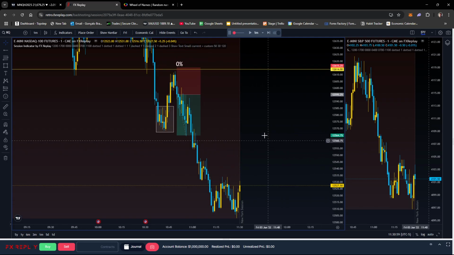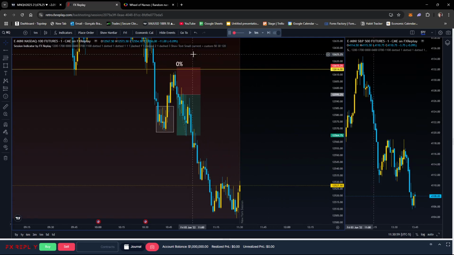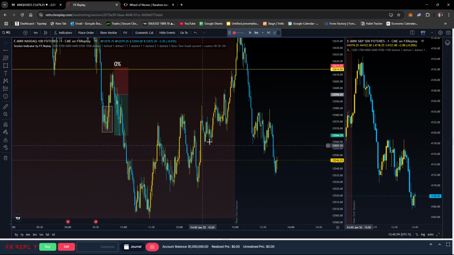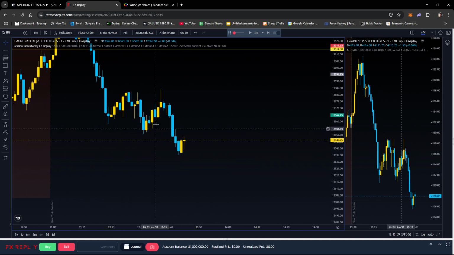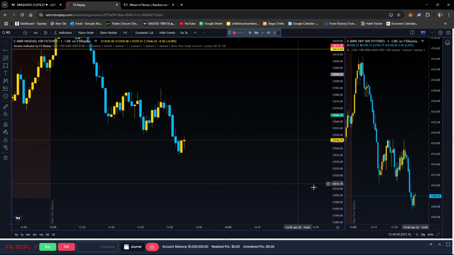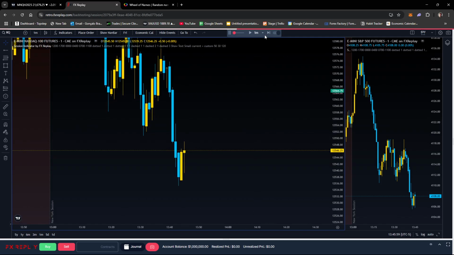Okay, we're just going to go now to the next silver bullet. Well, not the next silver bullet. It's actually the next macro for me. I'm seeing AMD. We have the accumulation. I'm interested in going long.